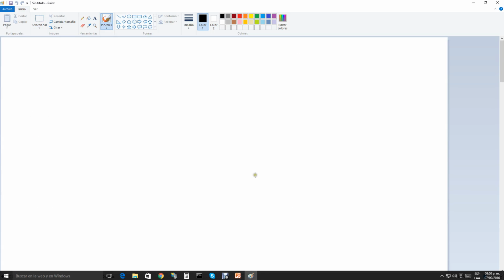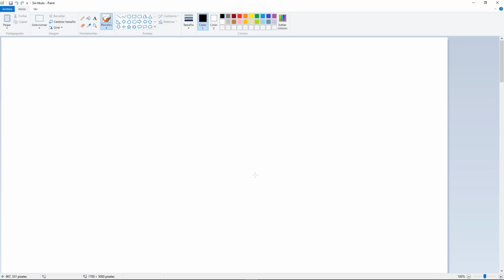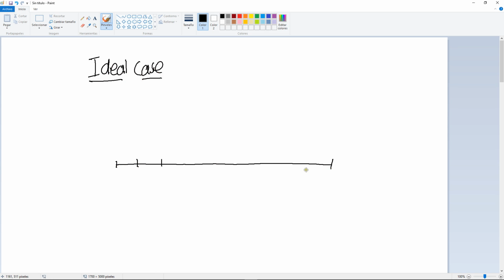So in the ideal case, let me put here just some notes. The ideal case, you will have your diagram. You would have year 0, 1, 2, and let's say all the way up to year n.